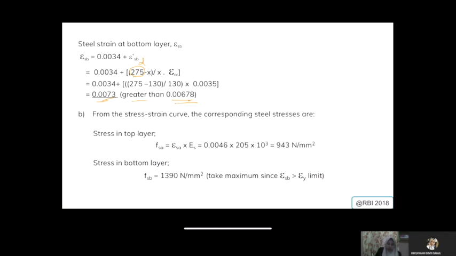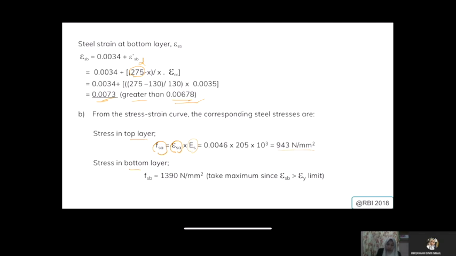From the stress strain curve, the corresponding steel stresses are for the top layer and bottom. For your top layer, you have your strain that you have calculated, and you multiply with the modulus, and you immediately get the stress at the top.